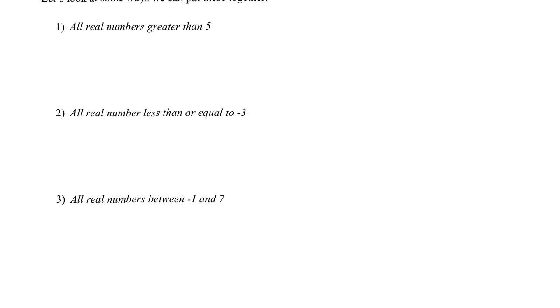All real numbers greater than 5. Okay, so let's write that first as an inequality. All real numbers greater than 5. Let's display it as a number line. So I'm going to do 4, 5, 6.